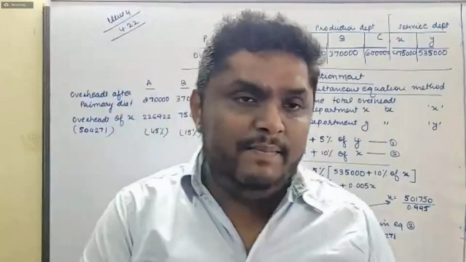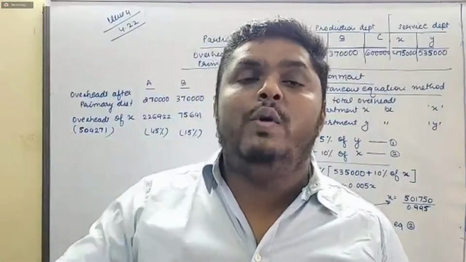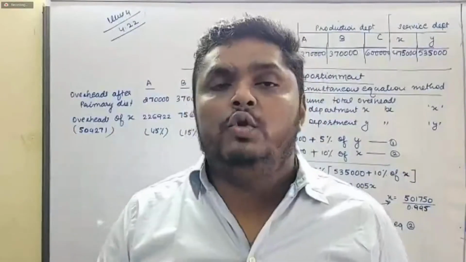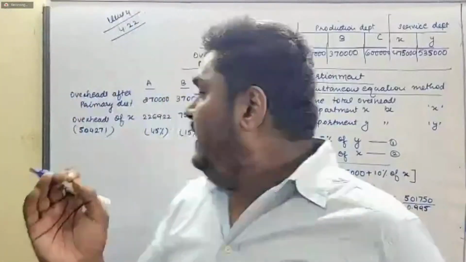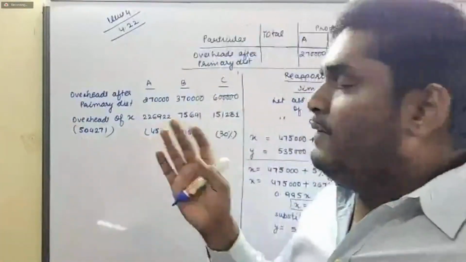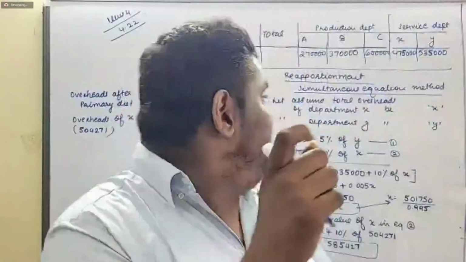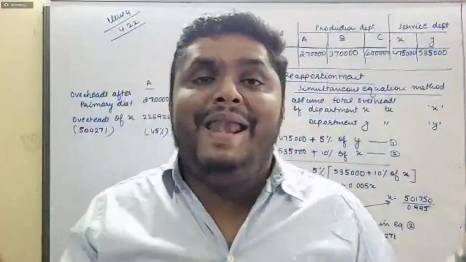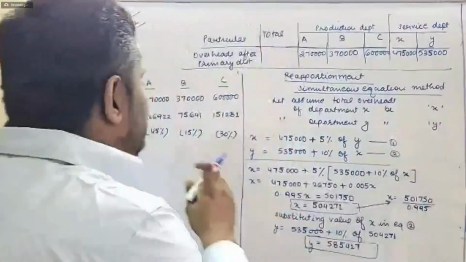I repeat again, the balance that has gone to Y, that is 10%, is not to be distributed. Alternatively, what you can do is 5,04,271 into 90%. The amount you get can be distributed in the ratio of 45:15:30. So the balance 10% that has gone to Y is not to be distributed.